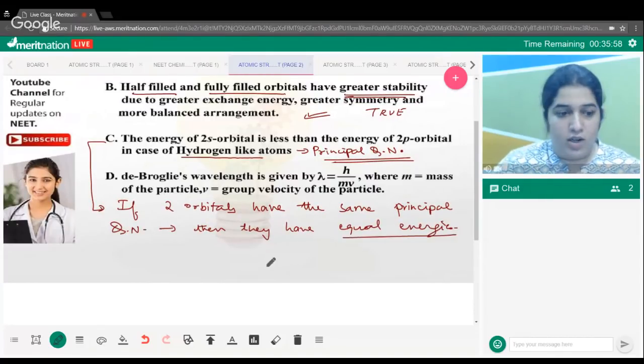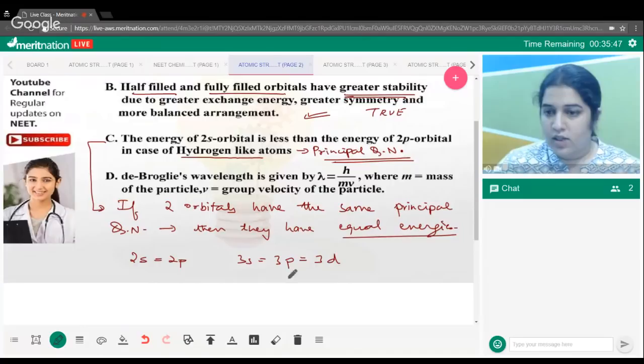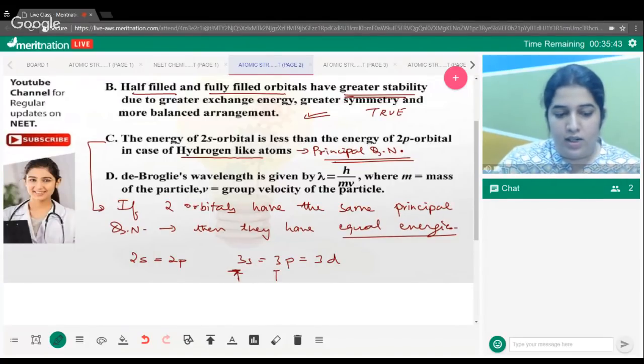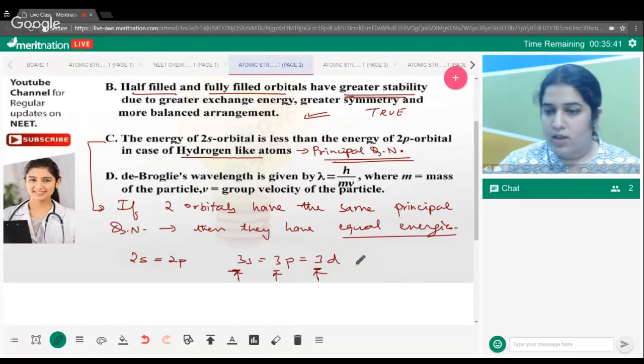So for a hydrogen-like atom, the energy of 2s is equal to the energy of 2p, and 3s equals 3p equals 3d. We just have to look at this value of small n. If it is the same, the energy of the orbitals will be taken to be the same.